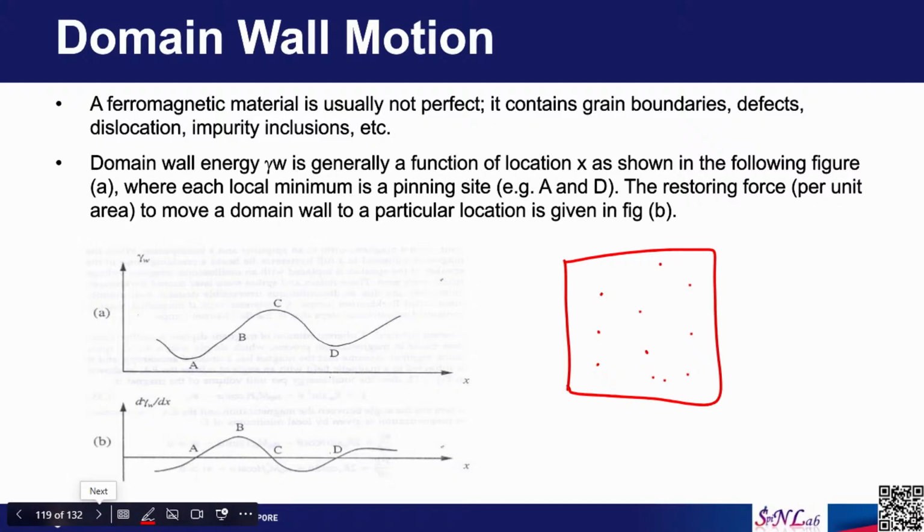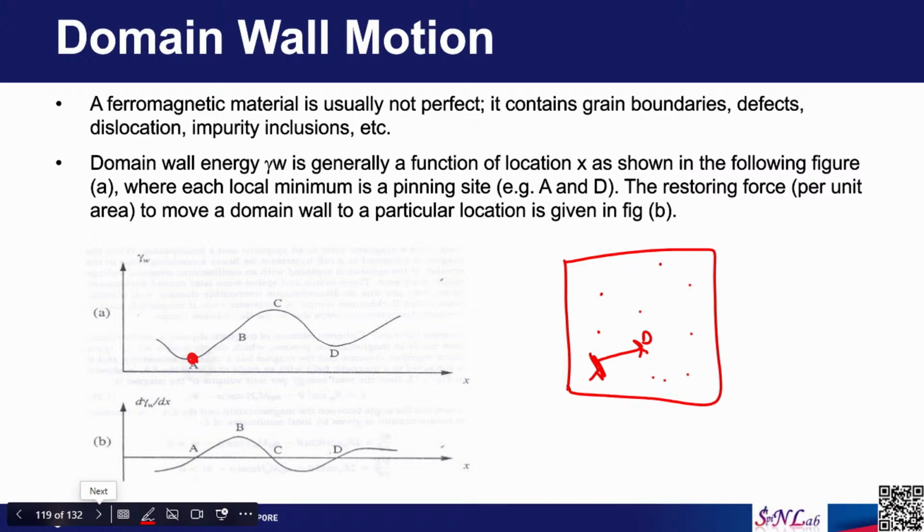So, for example, this region A, the energy is low, region D, the energy is low. So, when a material is like this, usually when the domain wall comes here, it will get stuck. Okay. If you apply some more energy, the domain wall will be released from here and maybe it will go here and get stuck. Okay.